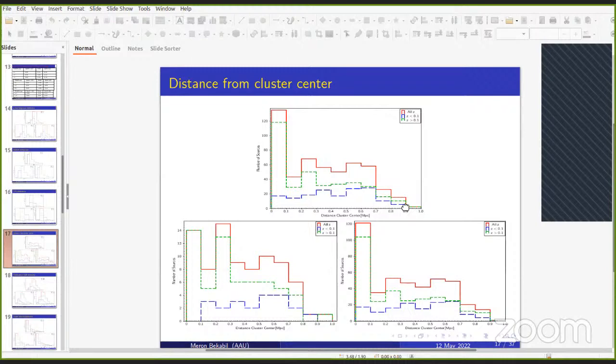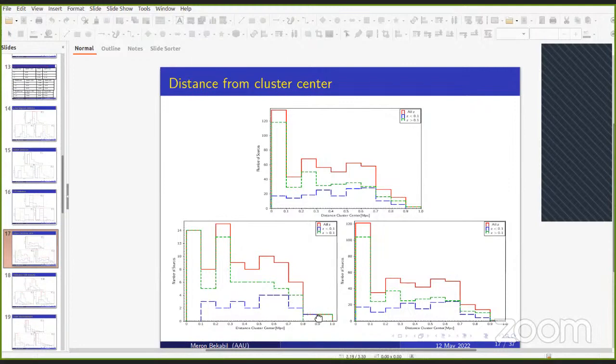But there is some change around here, which is what we expected. At high redshift, most of the AGNs are a little bit farther away from the clusters. That is what we see. When you see the Sy2, most of them are, this is for low redshift ranges.